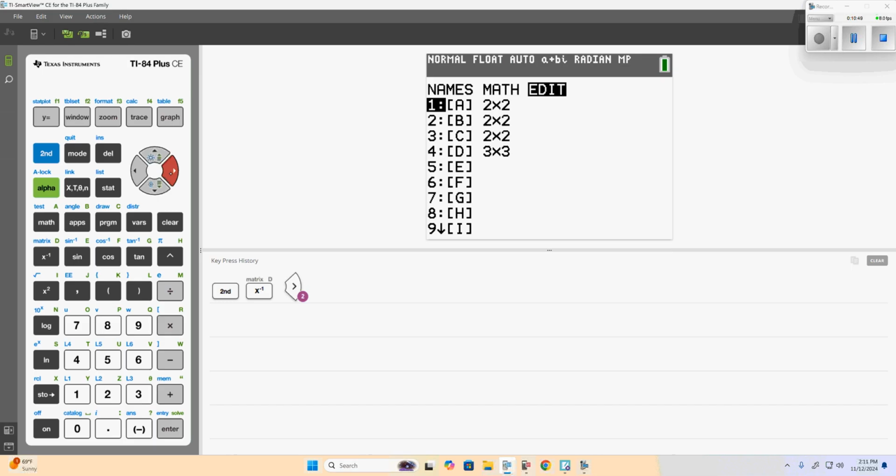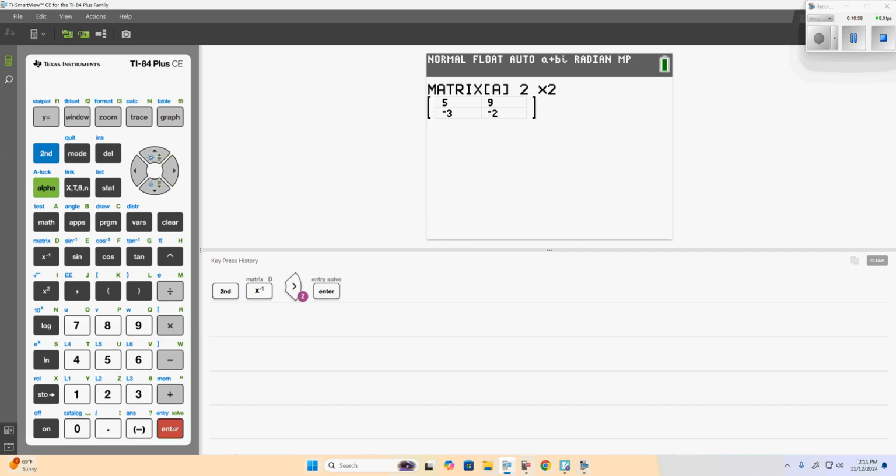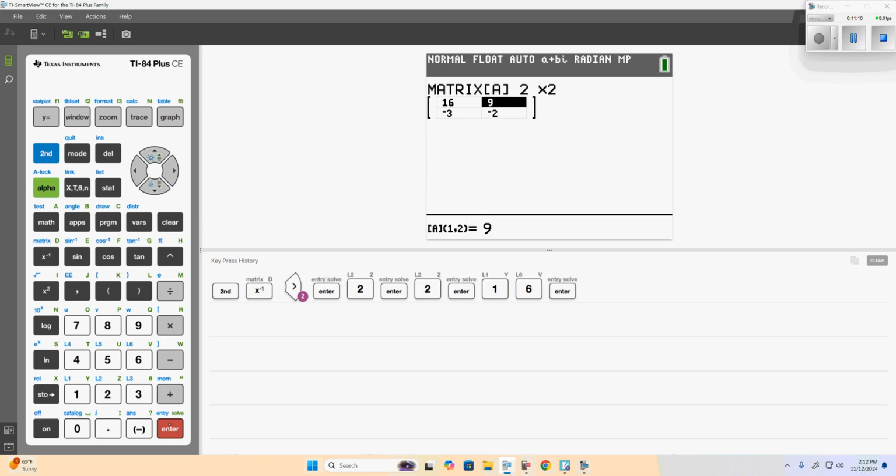Well, luckily they defined them as A and B, yes? So let's put the first one in as A. The number next to A is already selected, so let's go on and hit enter. First thing again, we need to type are the dimensions. Well, it's a 2 by 2. So we'll say 2 by 2. And our matrix here is 16, 2, -9, 8.